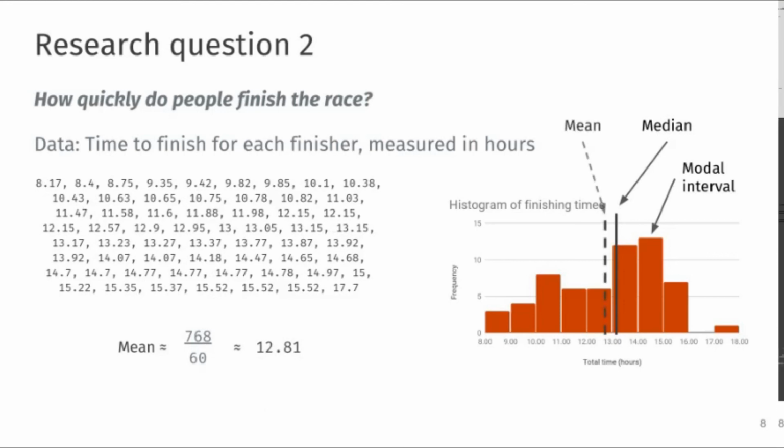So that's where it would show up on our graph. And you'll notice, and we'll see more of this as we go, the mean seems to be pulled out towards these faster times here, and away from either the median or the mode, which tend to stick closer to the most common values of the data.